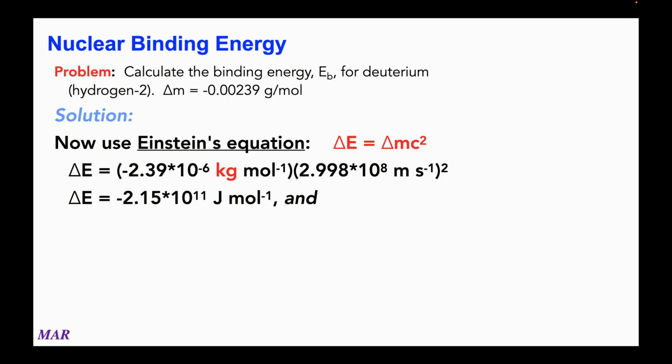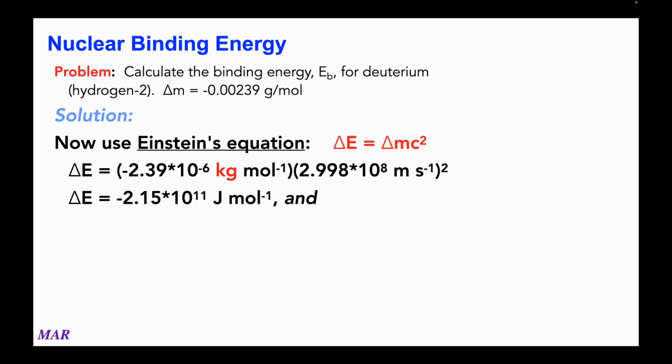But another thing I want you to think about is the magnitude of this number, because 10 to the 11th joules per mole is way above all the other energies we've looked at so far. For example, if you took a strong acid and a strong base and reacted them together, it might be, say, 10 to the 6th joules per mole.